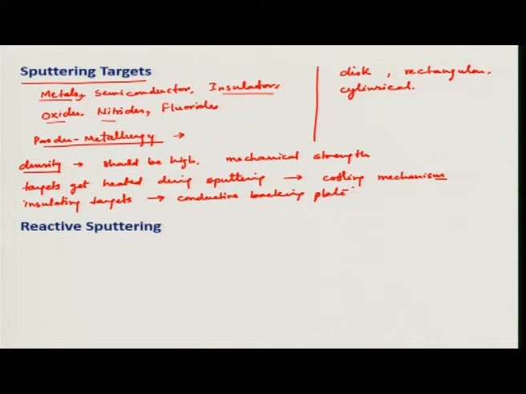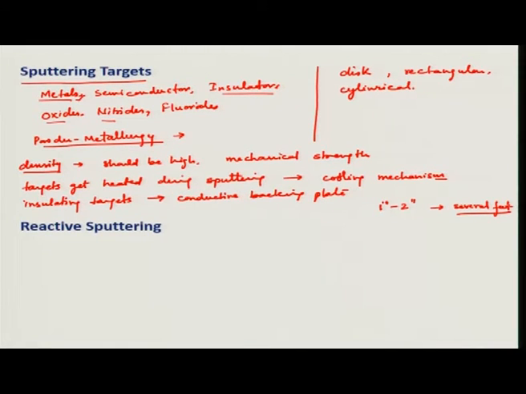So all these things are taken into account when you are preparing your target, and these targets can be as small as 1 inch to 2 inch targets in the form of disc, rectangular, to several meters or several feet. We will see how these are used for large area deposition.